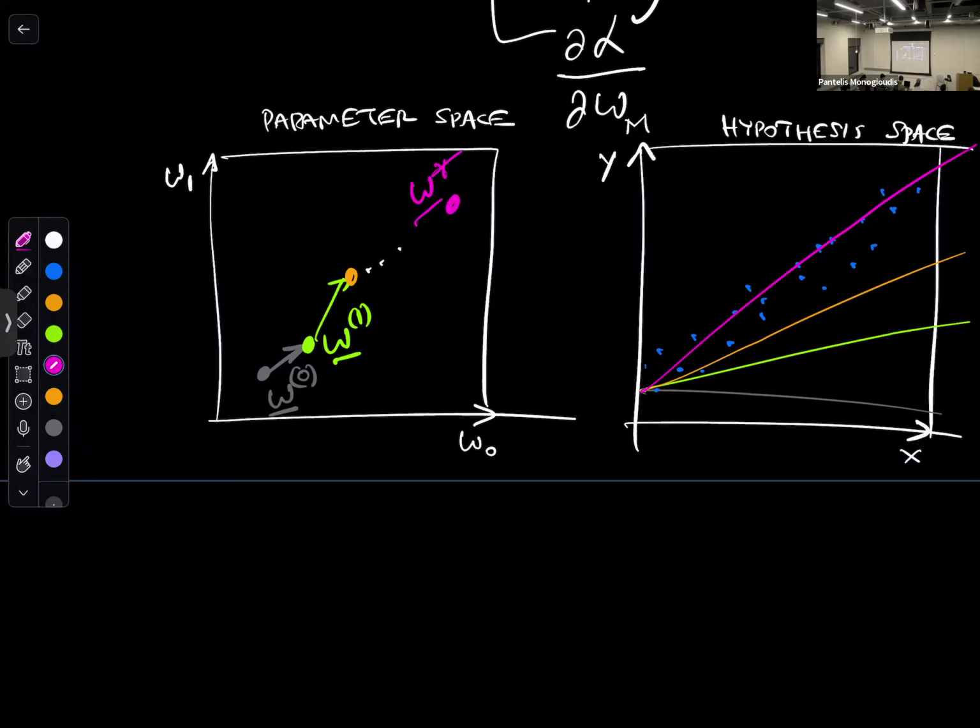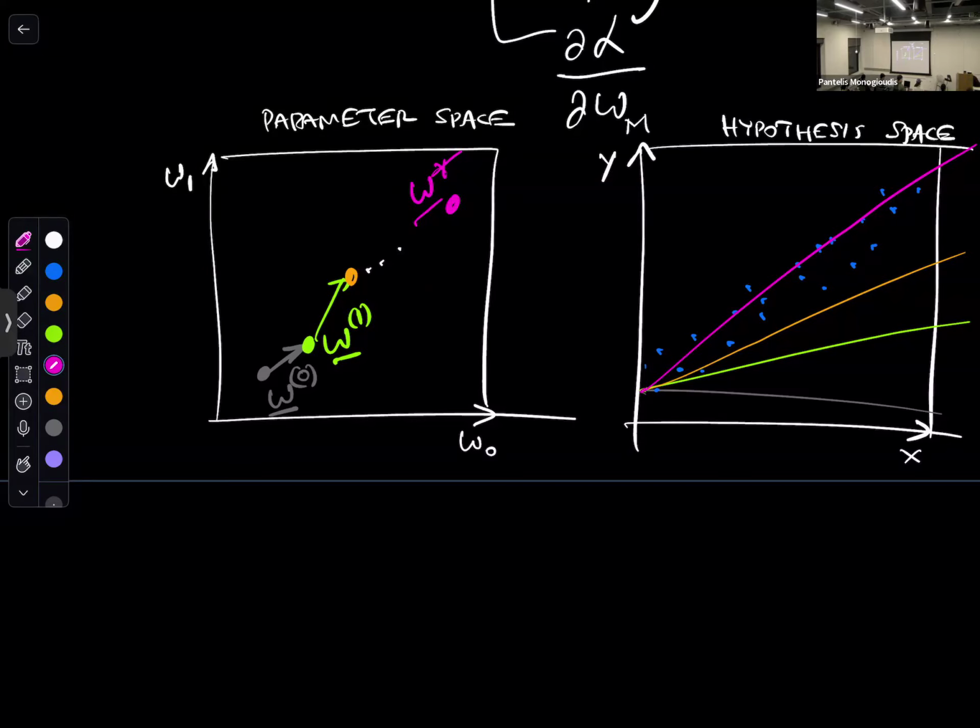And if the loss function is such as it is right now, that has a global minimum, the steps we are making are going to be constantly shrinking in terms of changes in the hypothesis space. You understand the reason?